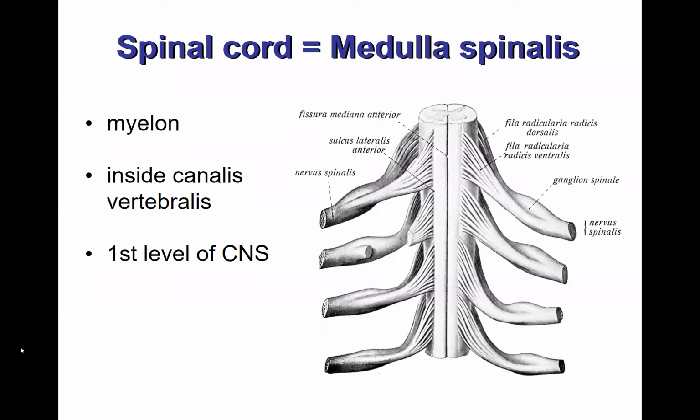As you can see, the spinal cord is quite easy concerning the external features. They are spinal nerves leaving the spinal cord in a form of roots, anterior and posterior root. And then there are some grooves on the surface, and that is all what we can see.